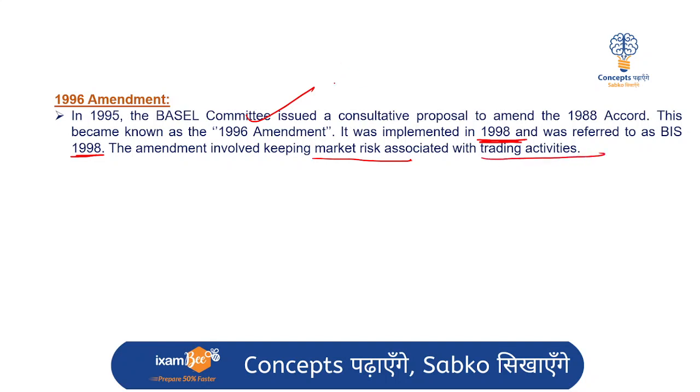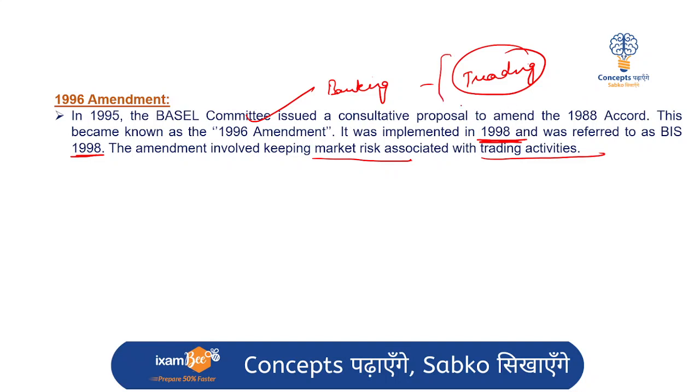A bank has two kinds of books: one is a banking book and the other is a trading book. The trading book involves various kinds of financial instruments that a bank deals with, which are marked to market, and change their value according to the situation in the market. That's why their value keeps on changing.